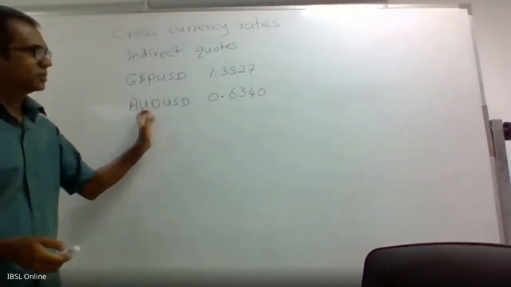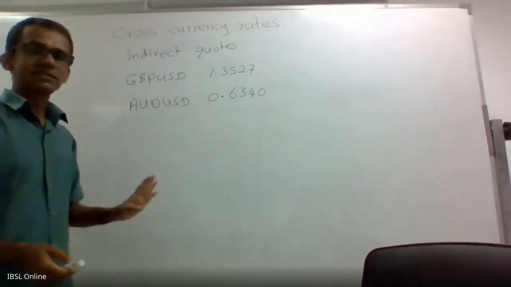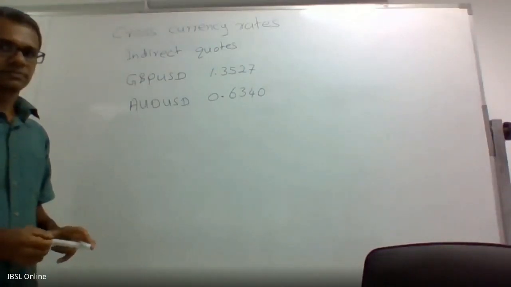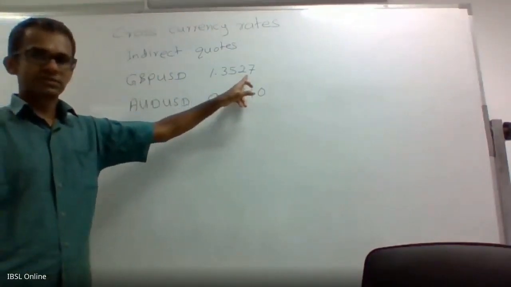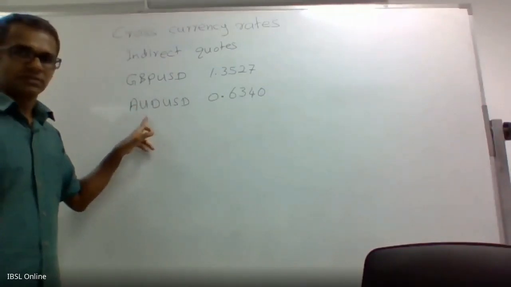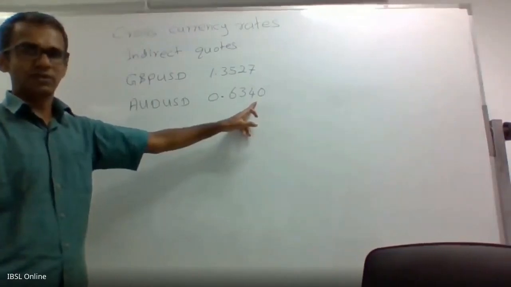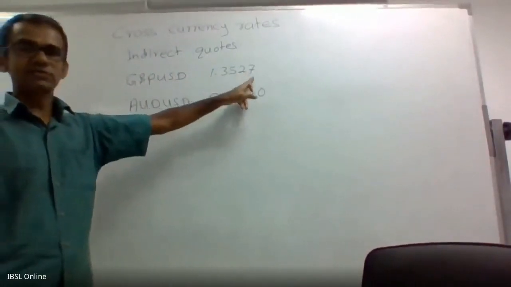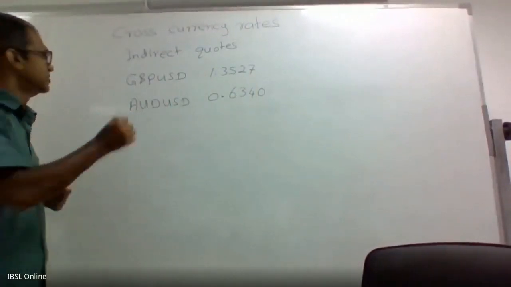This is also an indirect quote. What is the stronger currency? For a pound, you get more dollars than for an Aussie dollar. For 1 Australian dollar, you get only 0.6340 dollars. Here for 1 sterling you get $1.3527. So the stronger currency is GBP.